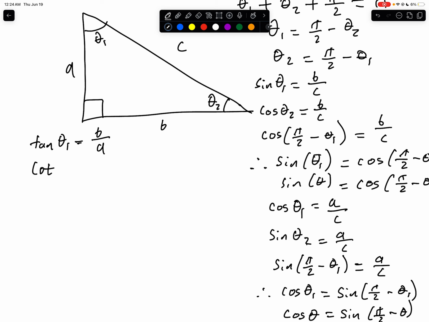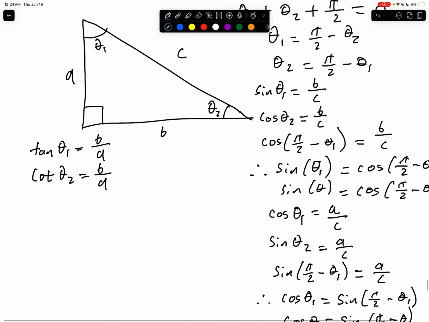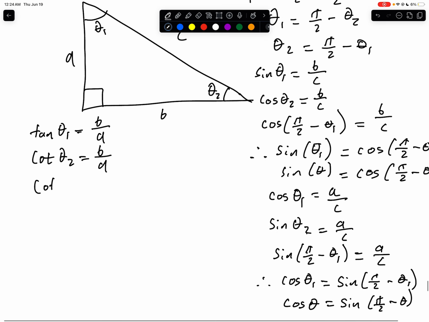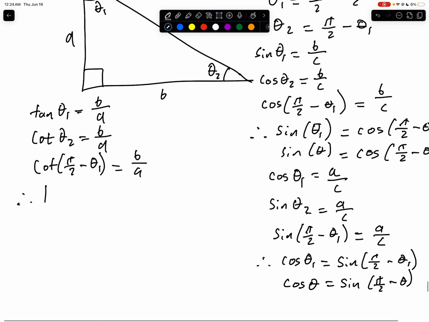I'm just going off of the picture here, trying to figure out relationships, so you're kind of going on this with me here. So cotangent of theta 2 is just adjacent over opposite, so that's also b over a. Now remember, theta 2 is just pi over 2 minus theta 1. So cotangent of pi over 2 minus theta 1 is also b over a. So we can say, therefore, tangent of theta 1 is just cotangent of pi over 2 minus theta 1.